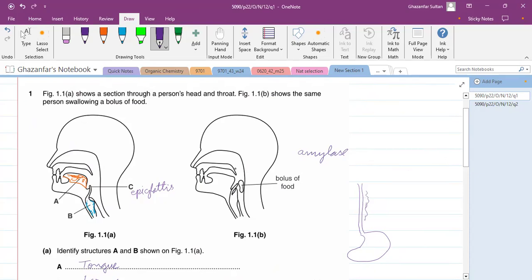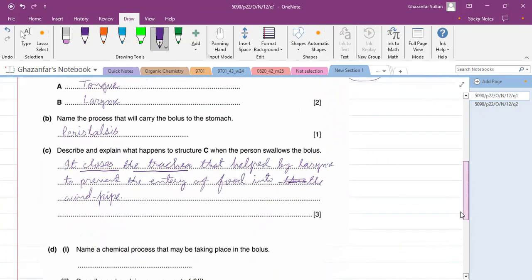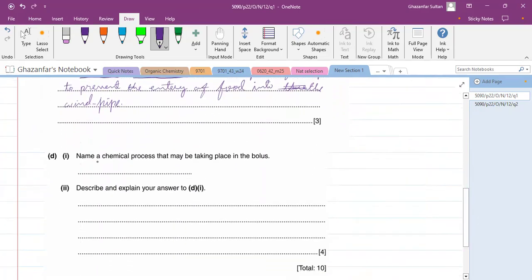And we have studied that the pH of the mouth in this cavity is around 6.8, that is almost neutral, near to neutral. So if you keep these points in your mind, then you can understand that the name of the chemical process that maybe not sure that it takes place, but it may take place there because enzyme is still there with its optimum condition.